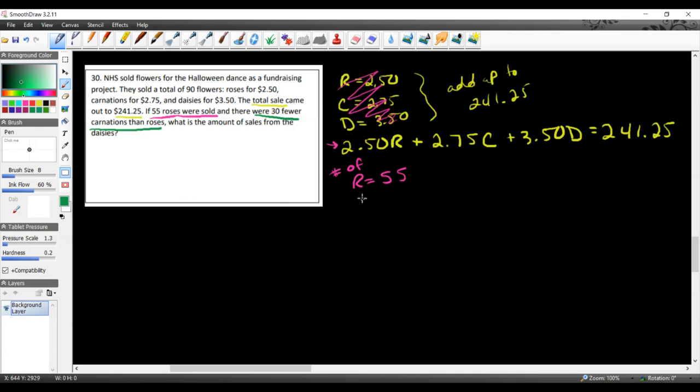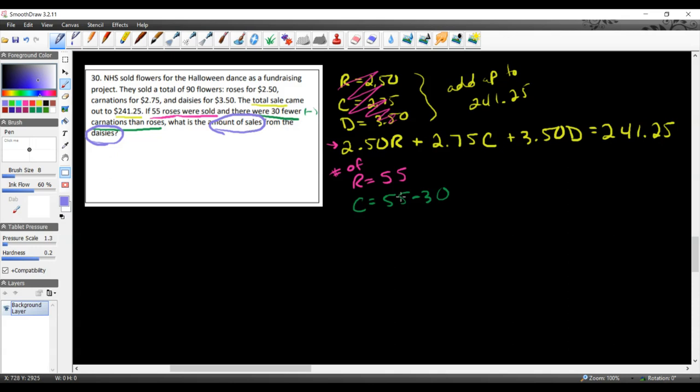Fewer means less. We're going to subtract here. So it'd be 55 minus 30, okay? And they want to know what is the amount of sales for the daisy. So they want to know how much money we made, amount of sales from the daisies.